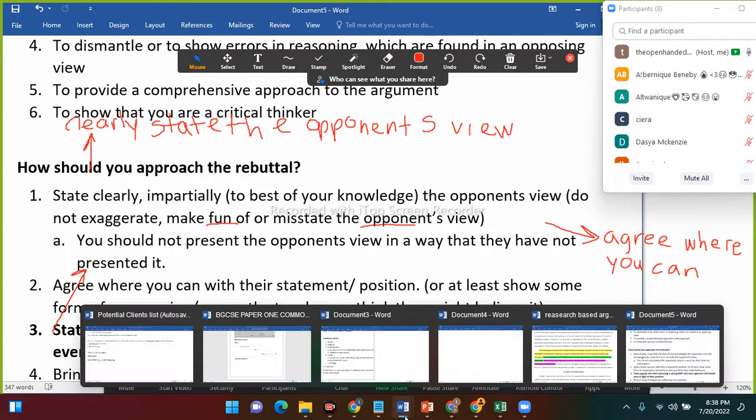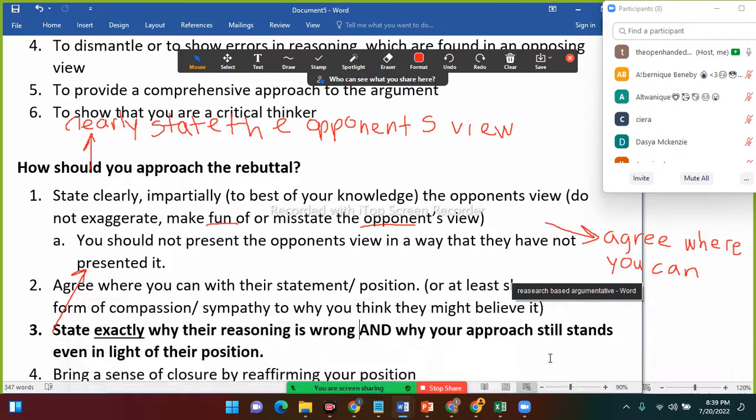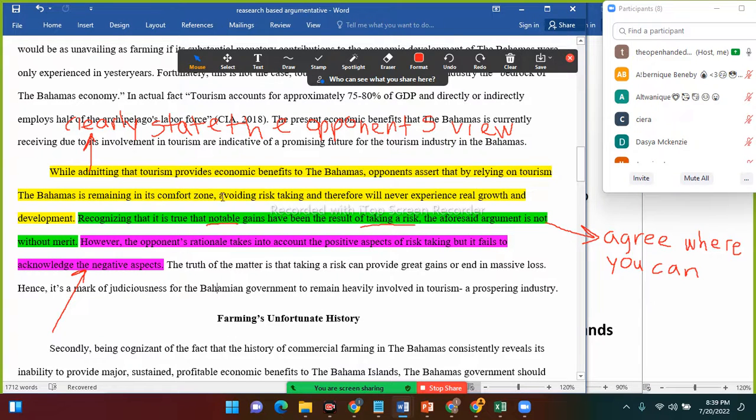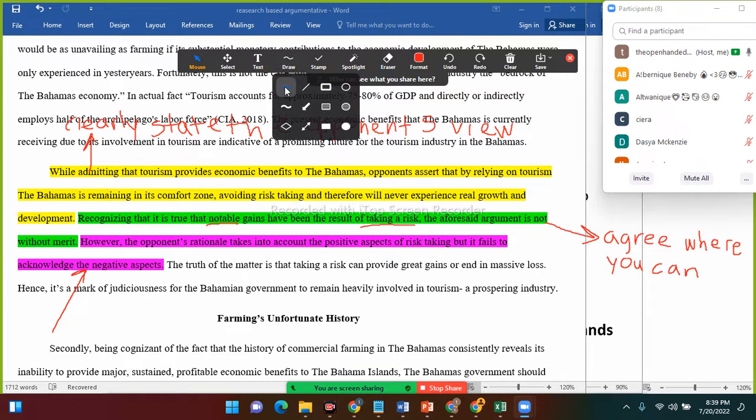So I state where I agree, but I also say, listen, why are you only looking at one side? This is interesting. Like this rebuttal, it's funny, because the person says the Bahamas will remain in its comfort zone and will never experience real growth and development, but the opponent doesn't talk about the negative aspects of risk taking.